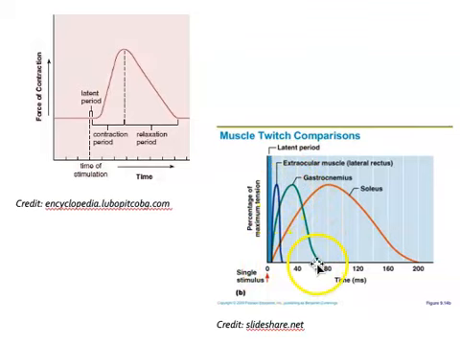It's going to last a little longer. The soleus even longer. So a muscle twitch is defined the same regardless of which muscle it's occurring in, but it's going to look a little different depending on where the muscle is in the body and what distribution of fiber types it has.